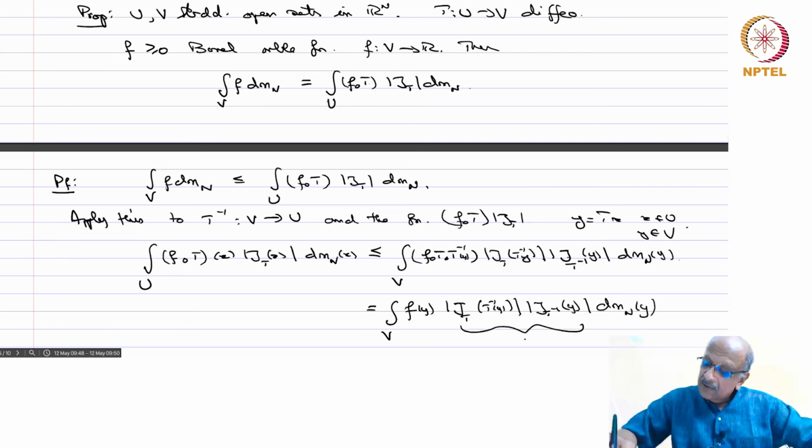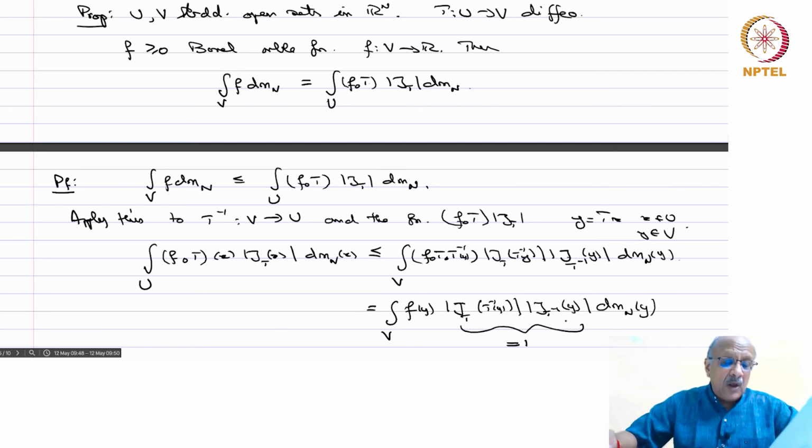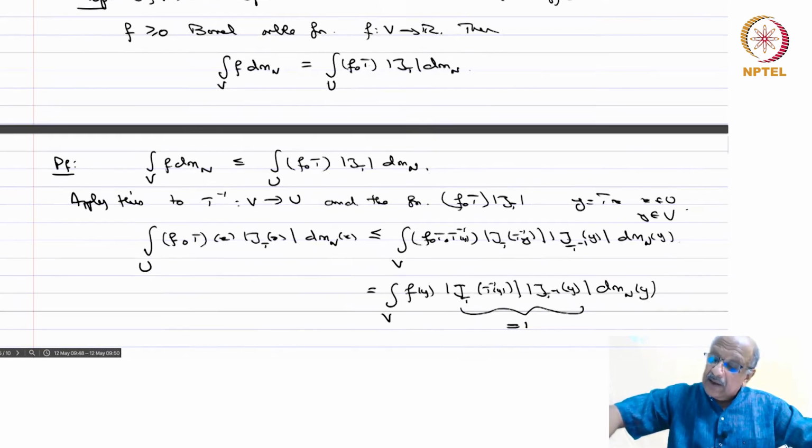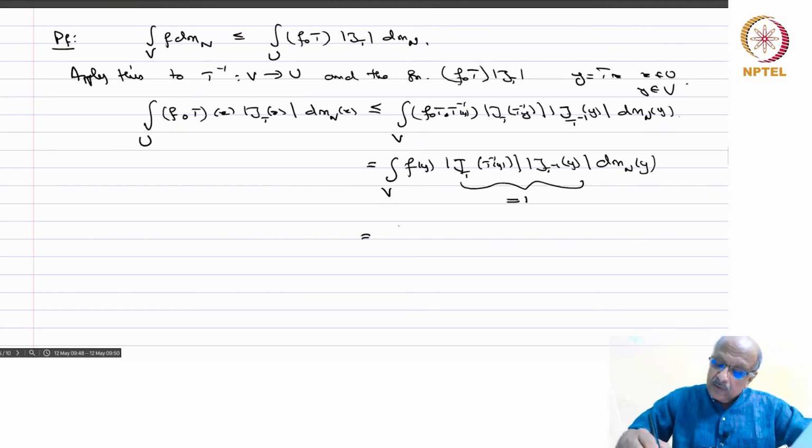But this is equal to 1 because T and T inverse have Jacobians which are the inverses of each other, because of the chain rule. Therefore this is equal to the integral over V of F of y dμn y.